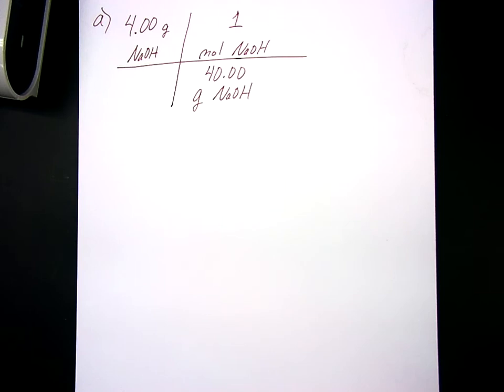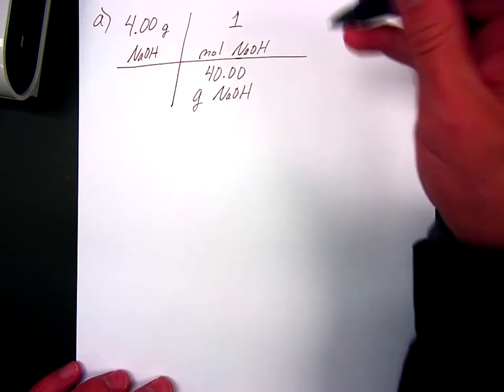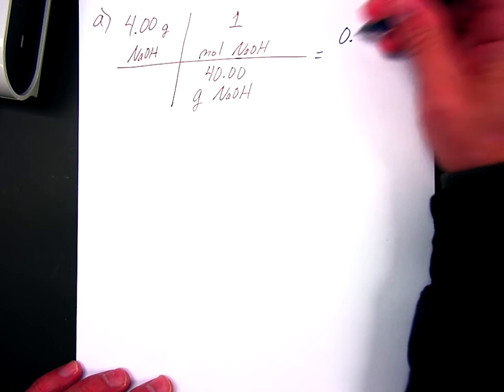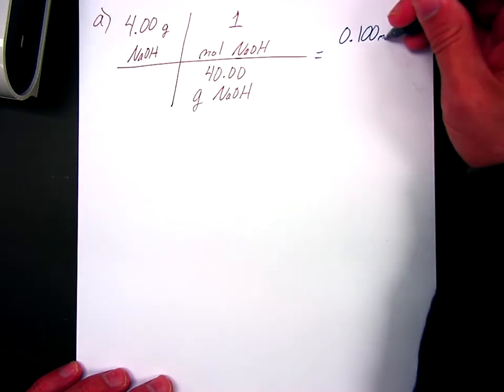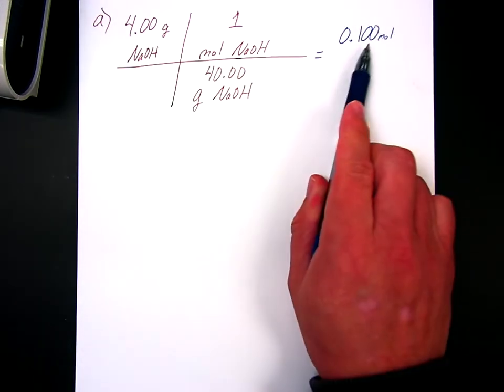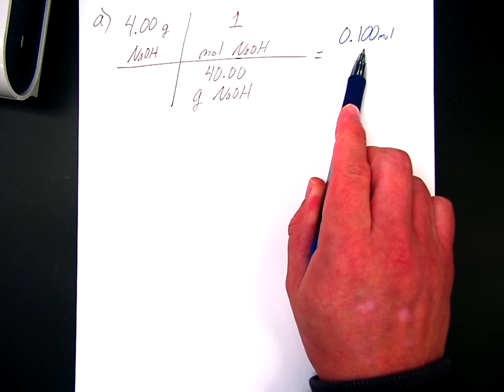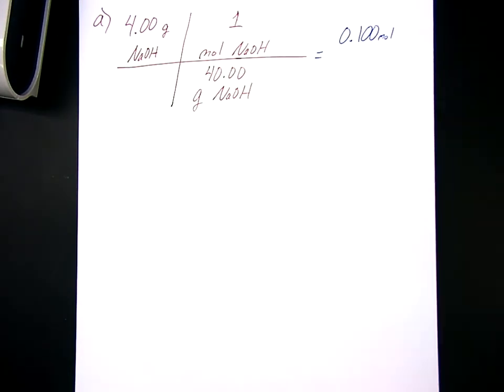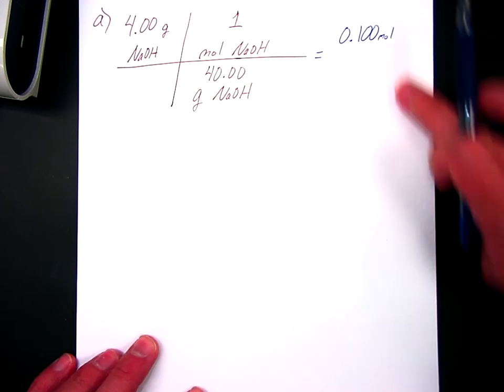All right. So as we solve this, we're going to find out that we've got 0.1 mole here. And this number is actually going to be important for part B that we'll work on in a moment, the fact that 4 grams is 0.1 moles. But so we'll reference that again in a moment.